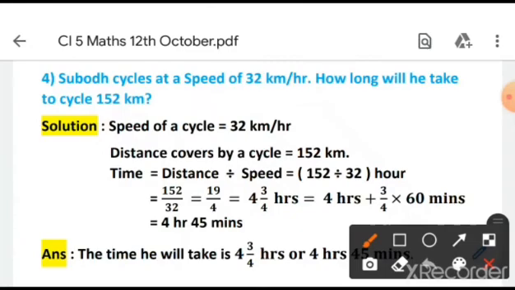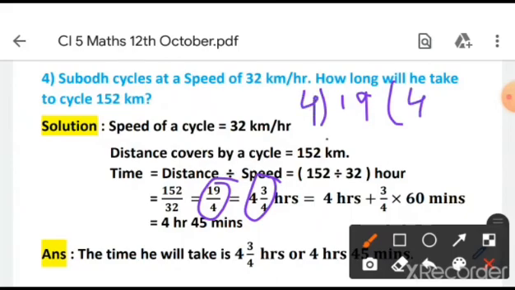Here you are cancelling by 8. 8 4s are 32, and if you cancel this 152 with 8, you get 19, right? Now after that you will have to convert this improper fraction into a mixed fraction. So, for converting the improper fraction into a mixed fraction, we will have to divide this 19 by 4.